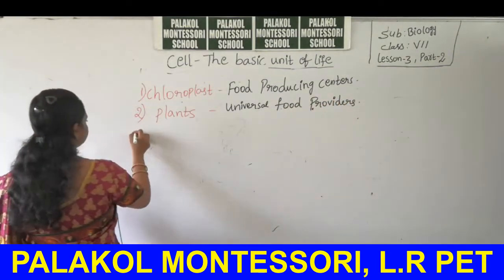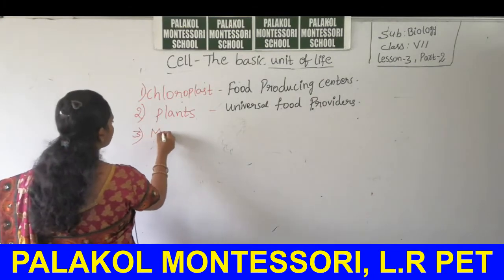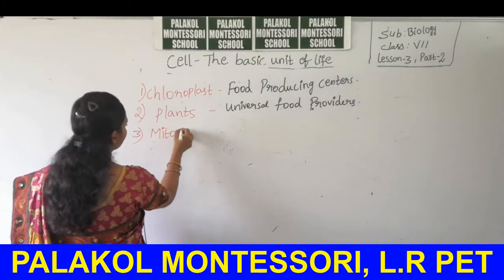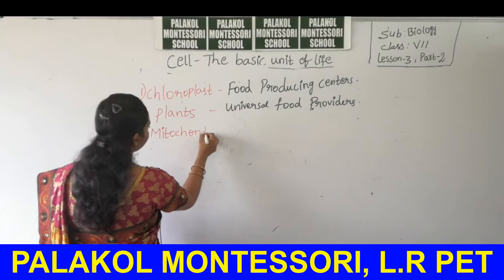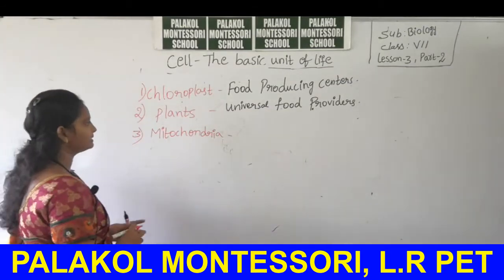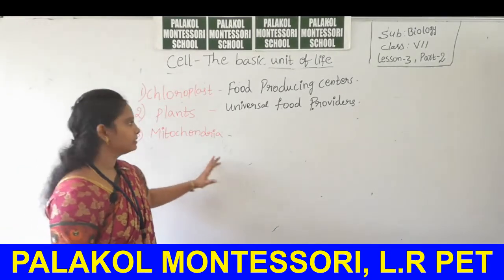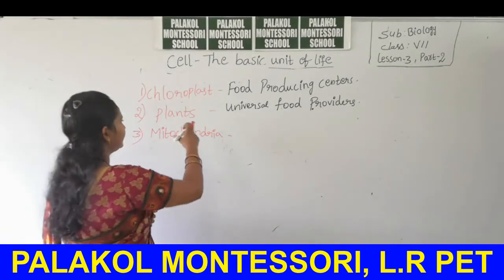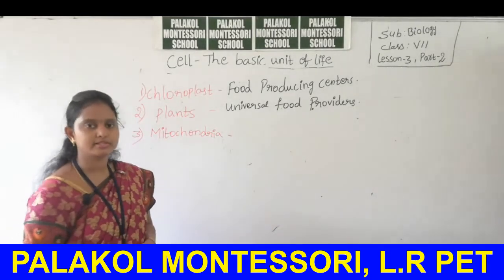Then the third one, mitochondria, is another cell organelle present in the cells, but chloroplast is only present in plants, not in animals. That's why plants can do the photosynthesis process.